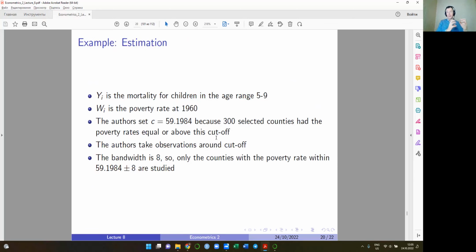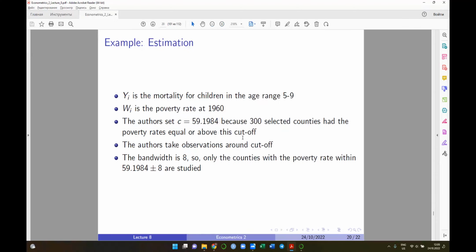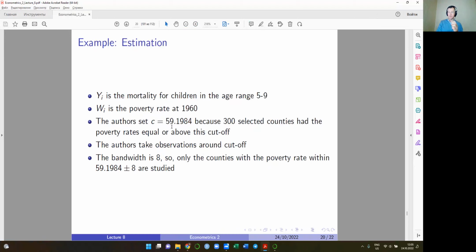We take some part closest to this threshold from one side, those who received this funding under the program, and some part also close to this threshold who do not receive the funding.